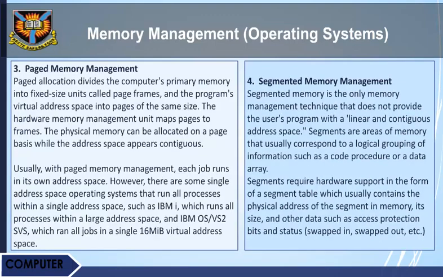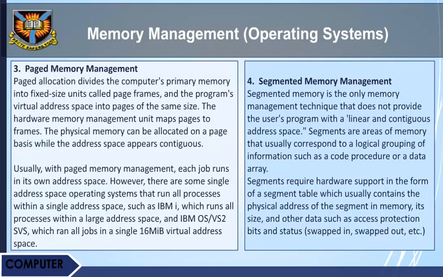3. Paged memory management. Paged allocation divides the computer's primary memory into fixed-size units called page frames, and the program's virtual address space into pages of the same size. The hardware memory management unit maps pages to frames. The physical memory can be allocated on a page basis while the address space appears contiguous.